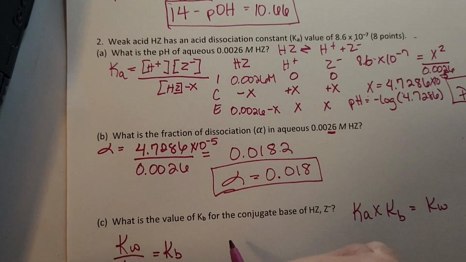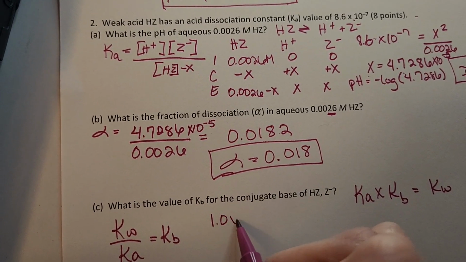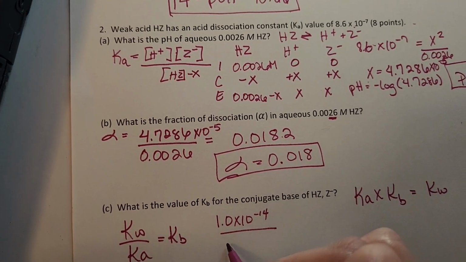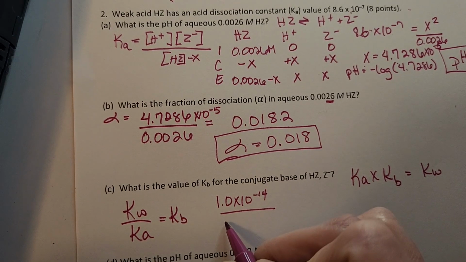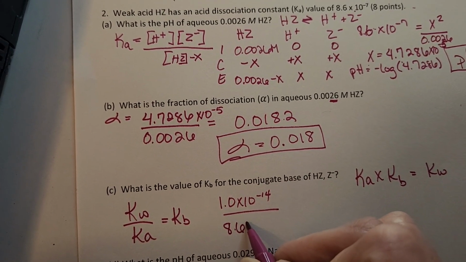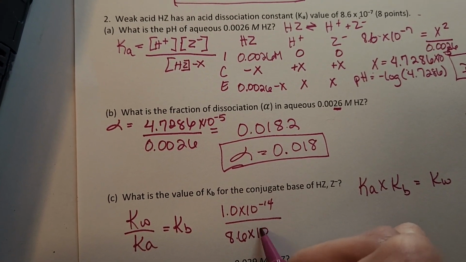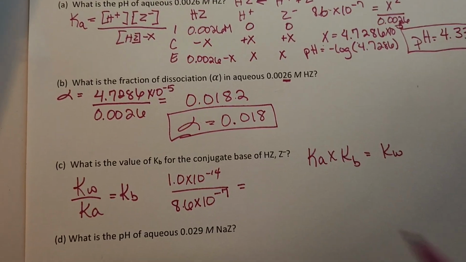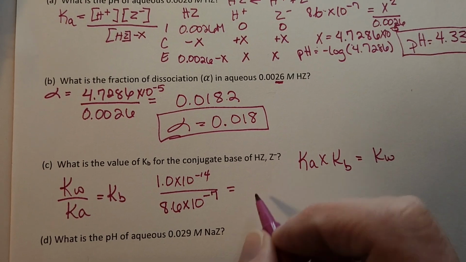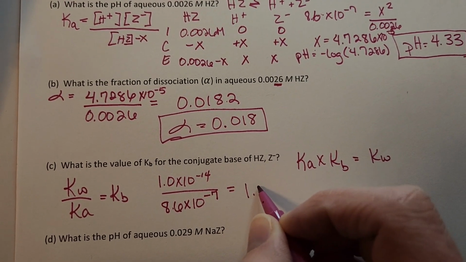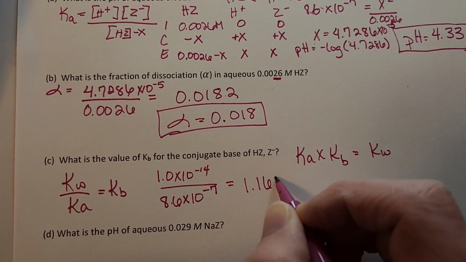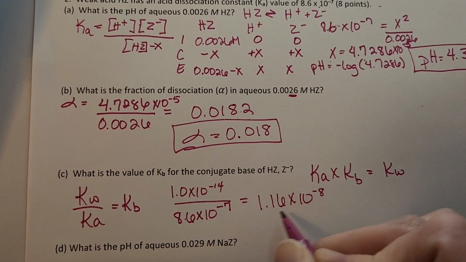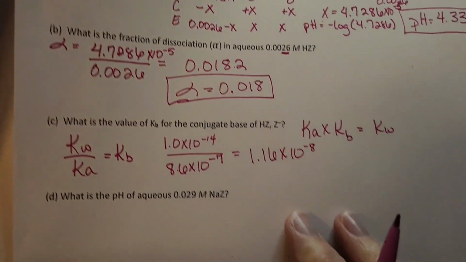We're going to feed in our numbers. Kw is 1.0 times 10 to the negative 14. And we're going to divide this by 8.6 times 10 to the negative 7. All right, and that is going to give us a value of 1.16 times 10 to the negative 8 as our Kb value.